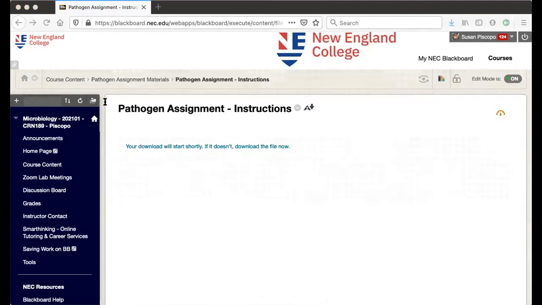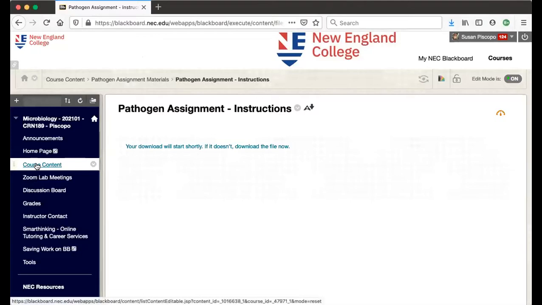So you can see question group 1 is about the pathogen that causes tuberculosis. And the second one is about cholera, and the third about Zika. So you get to choose which set of questions you want to answer for this assignment. Just something to remember that's on your calendar.